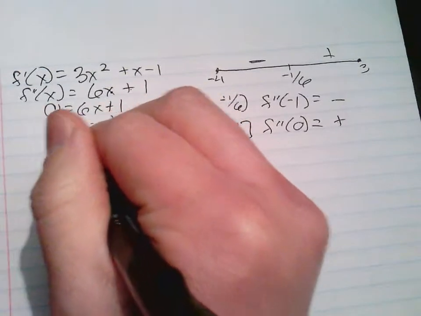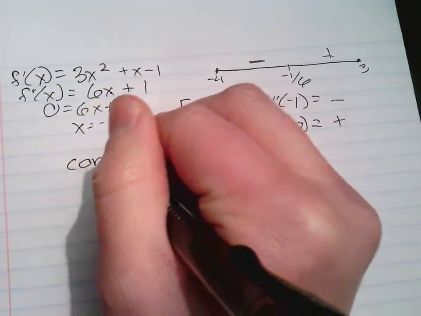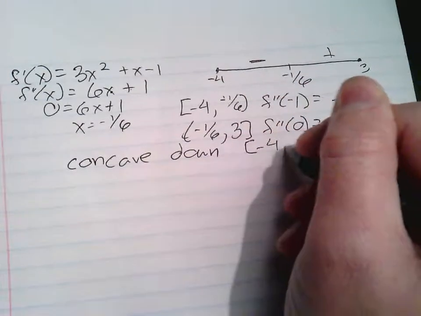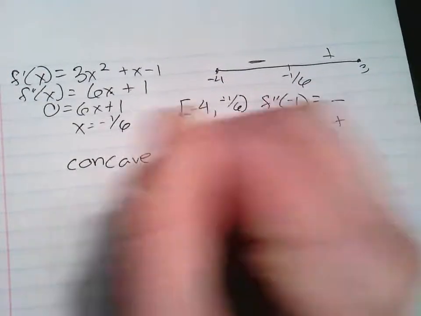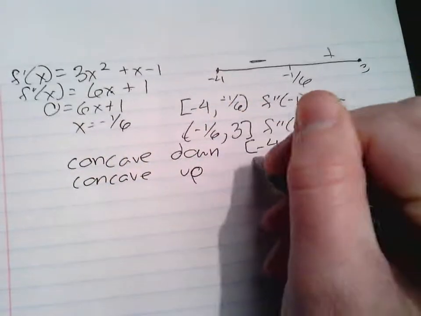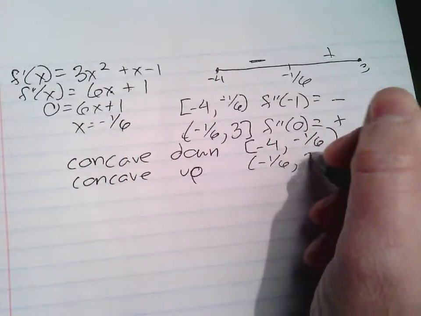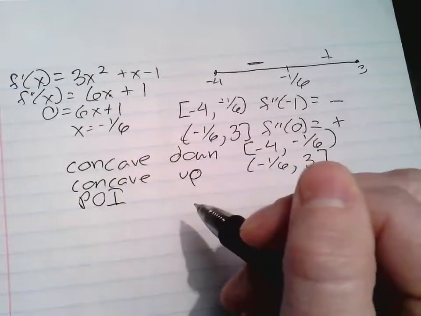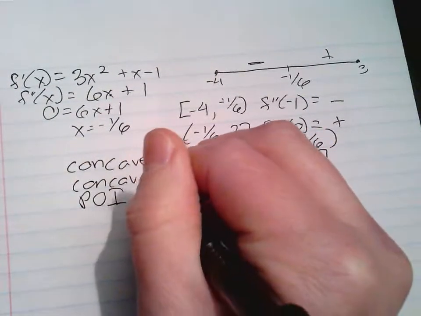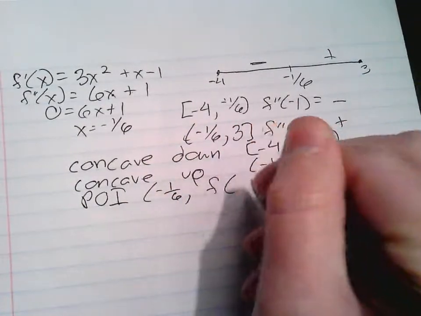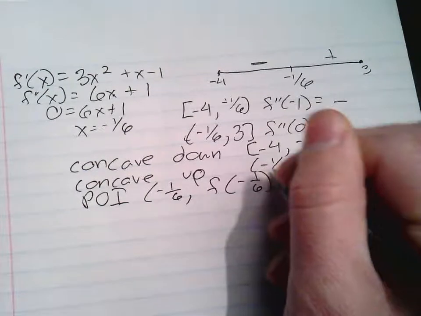So it's concave down from negative 4 to negative 1 over 6, and concave up from negative 1 over 6 to 3. The point of inflection is at negative 1 over 6.